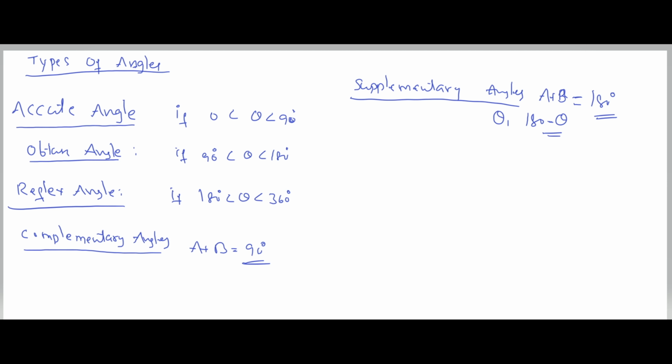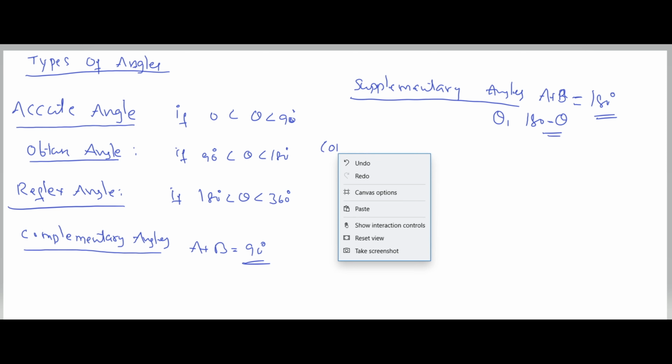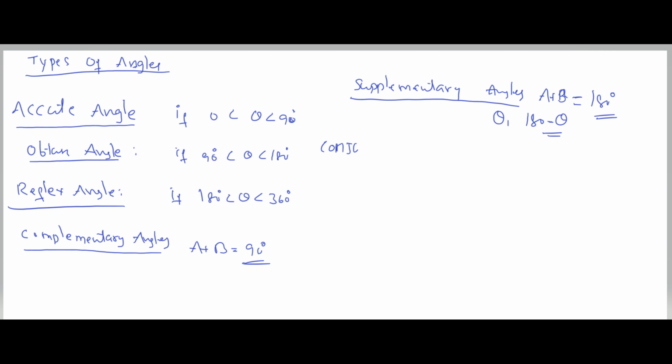Next, conjugate angles. If the sum of two angles is 360 degrees, then the two angles are called conjugate angles. Sum of two angles means A plus B is equal to 360 degrees.